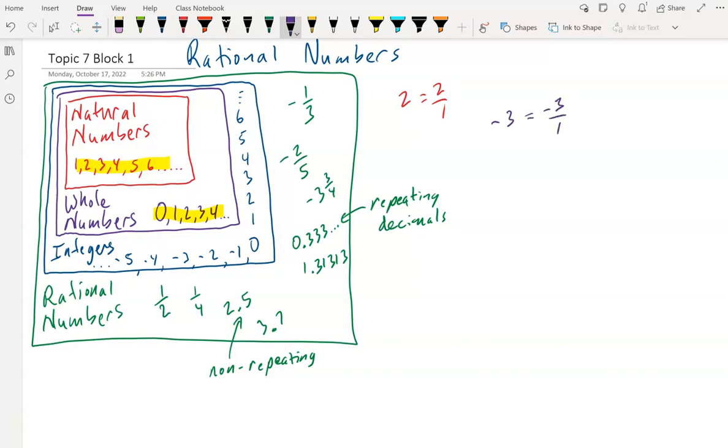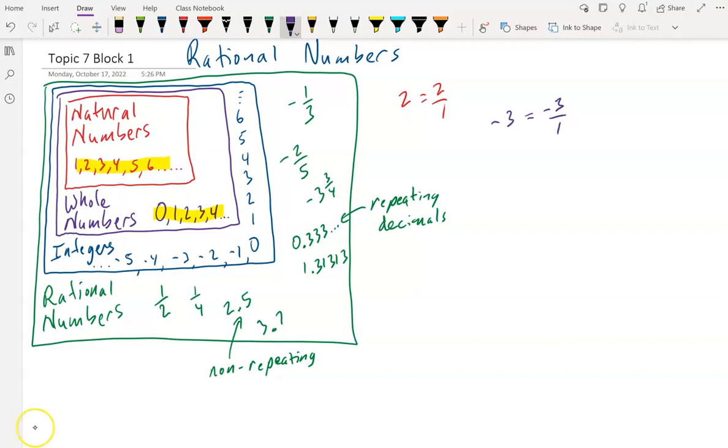So all of your natural numbers, whole numbers, and integers can be written as fractions simply by putting a 1 under them. But all these other rational numbers that are already fractions and decimals can all be written as fractions, and that's what makes them rational numbers. So this whole unit is all about what we can do with rational numbers. Let's get on to something else. Are you ready? I hope so.